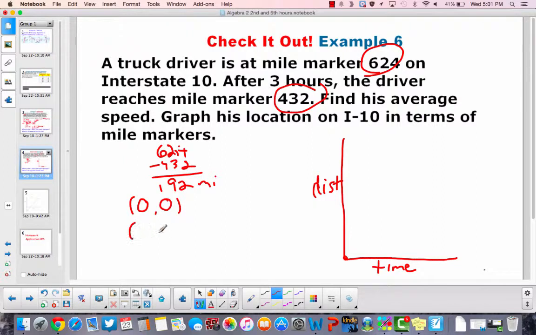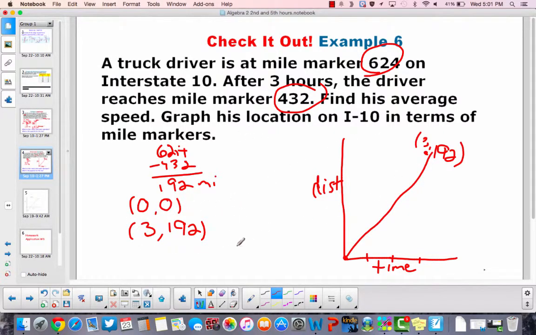After how long has he traveled the 192 miles? 3 hours. So we're going to go over here, out 3 and up 192. And that would be his distance over time.